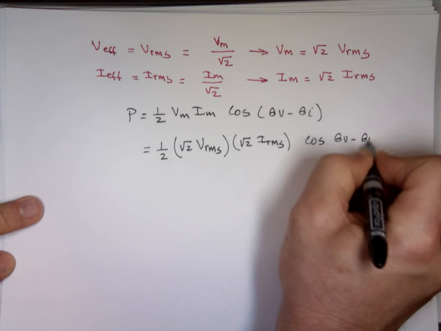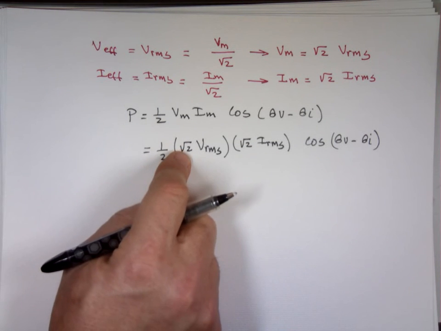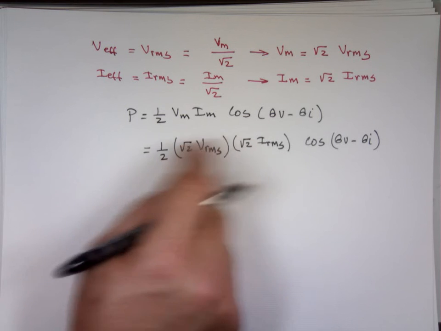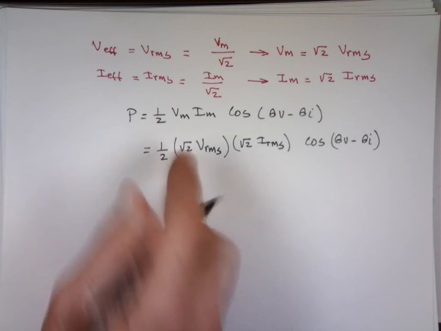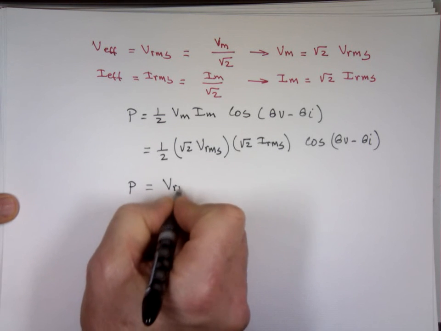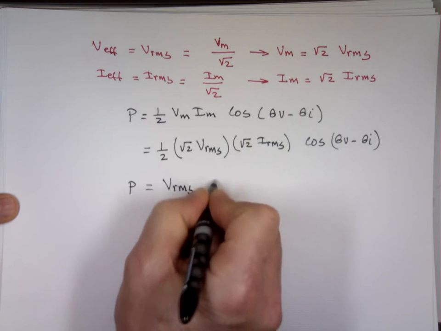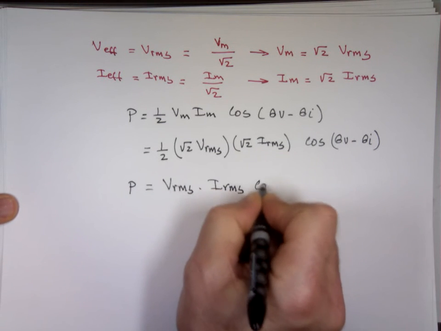What's going to happen to the square root of 2 times the square root of 2? That's a 2, which will cancel that 2 in the bottom. So you end up with the average power equals V RMS times I RMS cosine of theta V minus theta I.